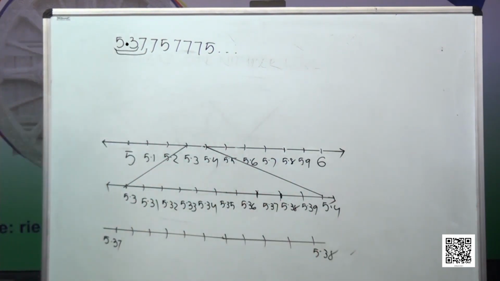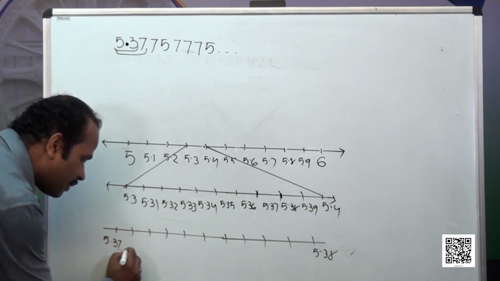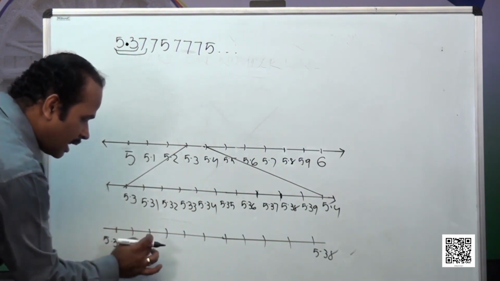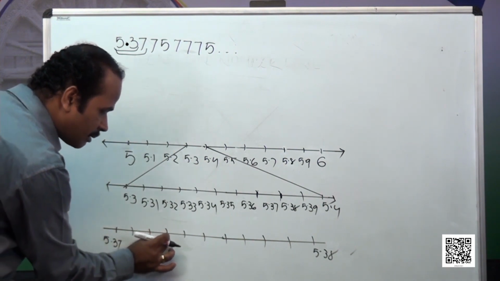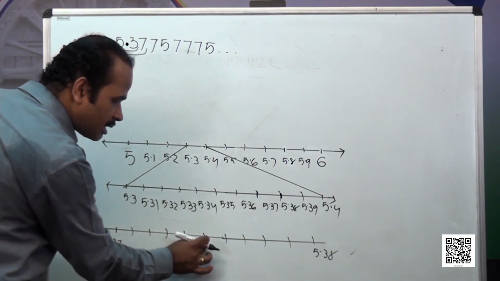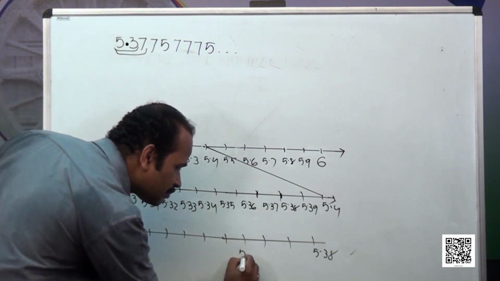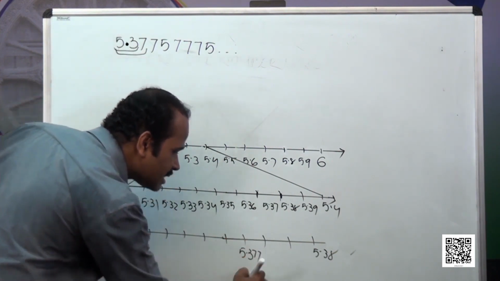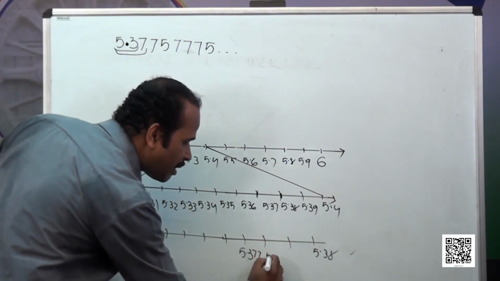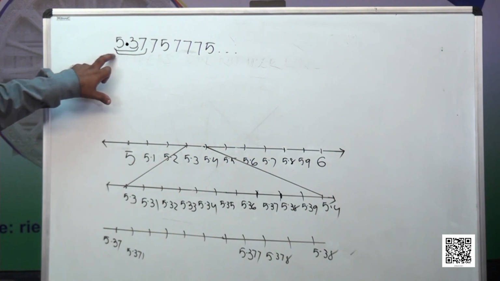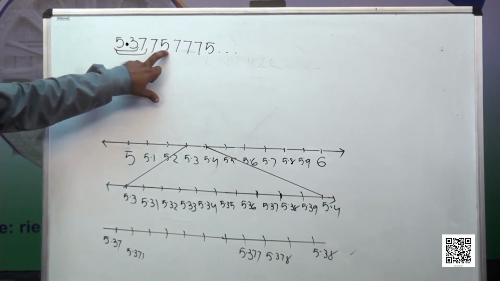Now look here. This number I have selected is 5.371. Similarly, it is 5.372, 373, 374, 375, 376, 377. Now this point represents 5.377, and the next point is 5.378. Now you can see our number 5.3775.